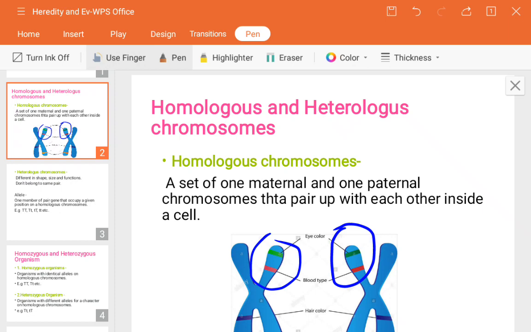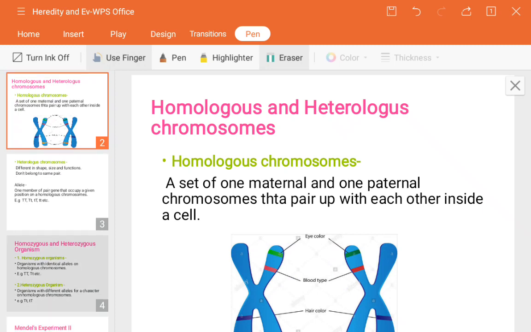Organisms in which this is so are called homozygous organisms. If the genes are not present at corresponding positions, that is a heterozygous type, so those are called heterozygous organisms.